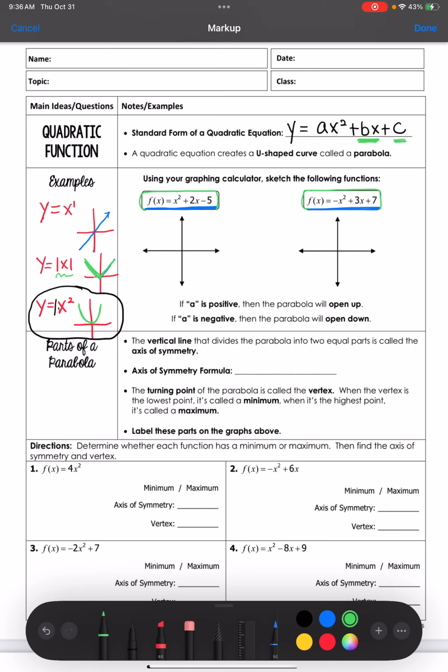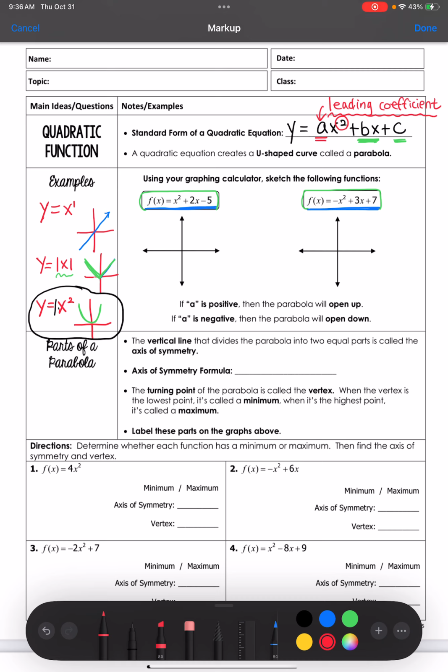And I wanna define this a's name. This is called the leading coefficient. So in standard form, you always wanna write the highest exponent first, and the coefficient of that highest exponent variable is called the leading coefficient.